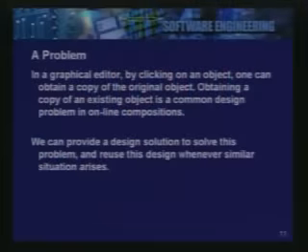Now whichever application you have this requirement, that I have identified the object and I want a copy of it, the user is not going to specify the class of that object. The user just identifies the object and he can obtain a copy of that object. So whenever this requirement comes, the solution that you have adopted in the graphical editor can also be used in that specific domain.